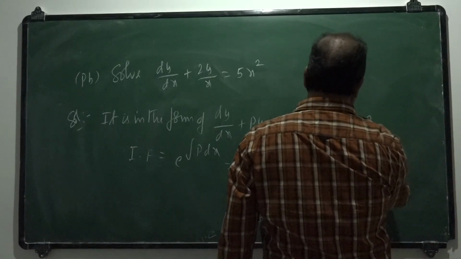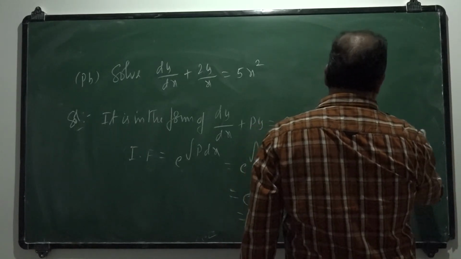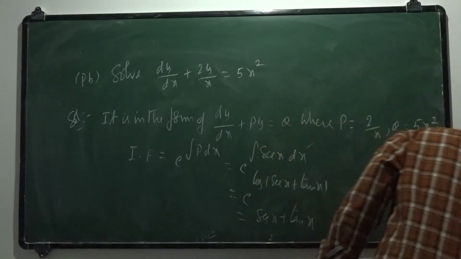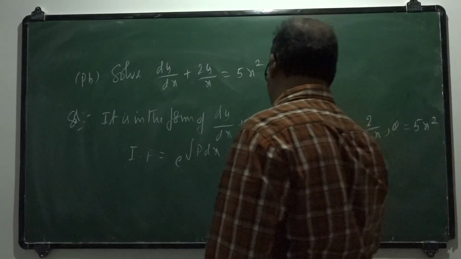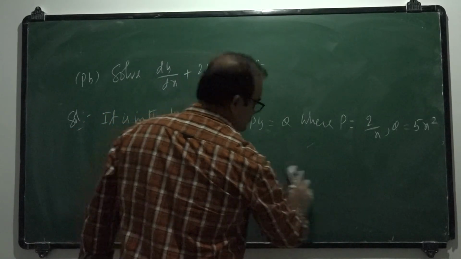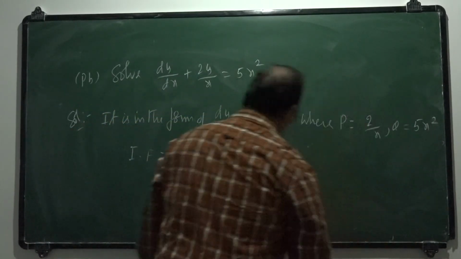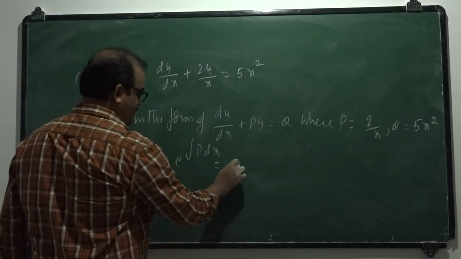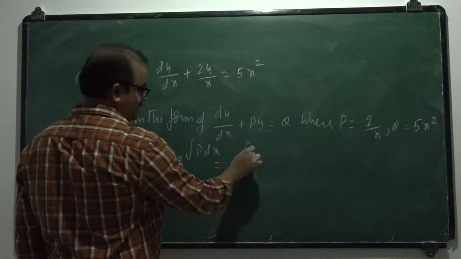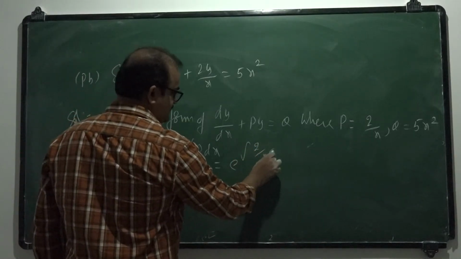P is 2 by x, q is 5x square. Now first we find integrating factor. E to the power of integral p into dx. What is p? 2 by x into dx.